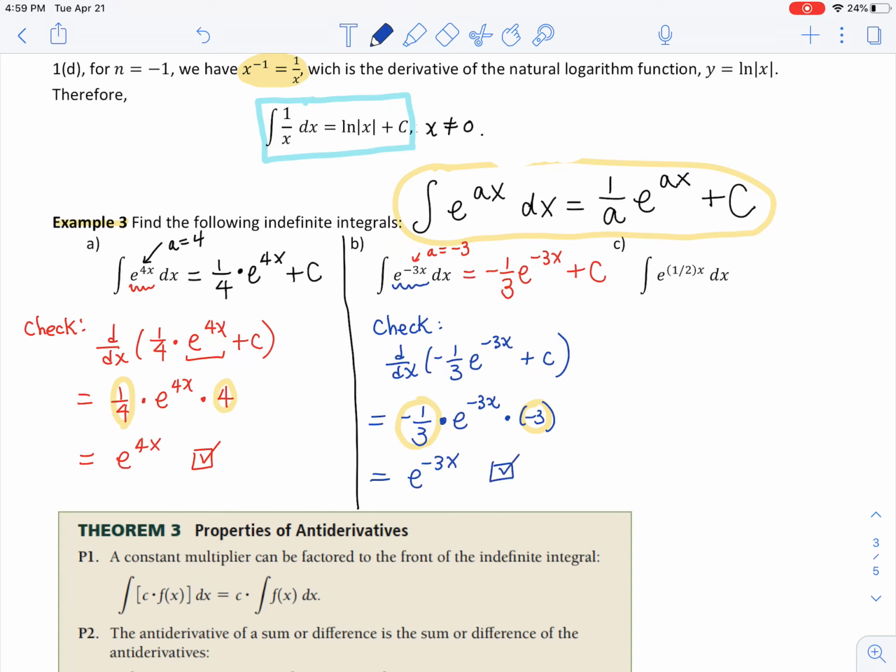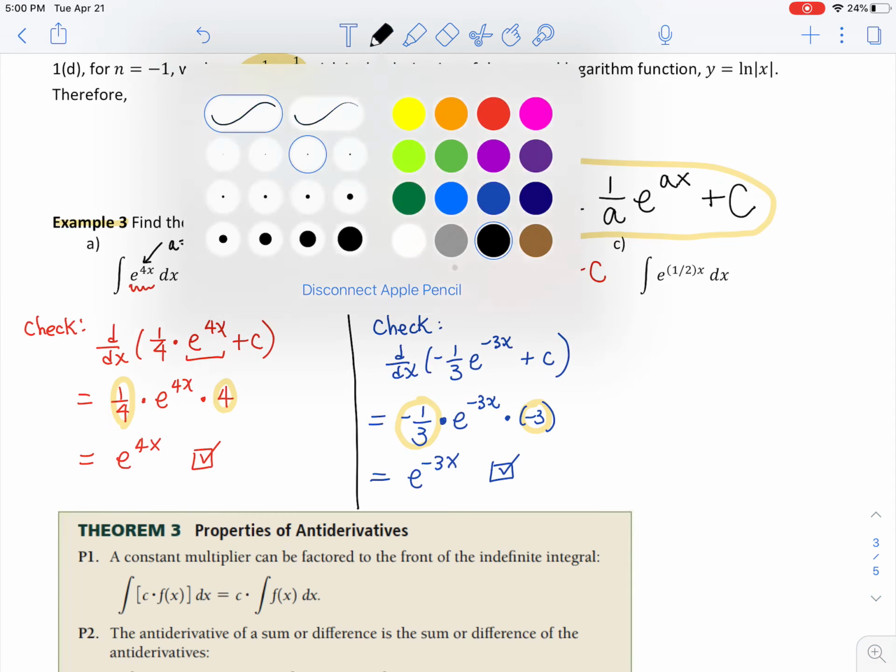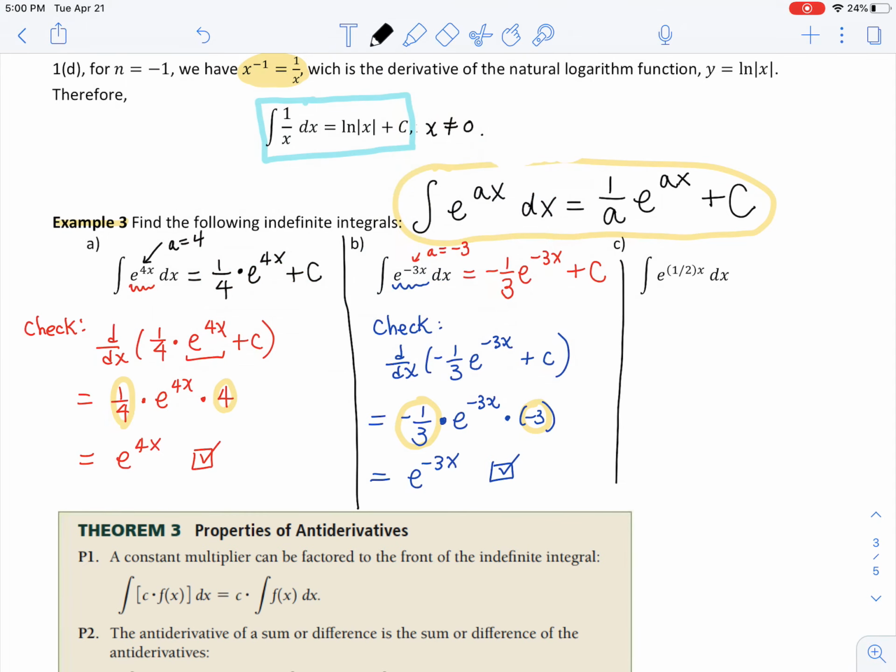I don't have to write it, but as you can notice, -1/3 and -3 will multiply and give you 1. So I'm just left with e to the -3x, and this is exactly the same thing as the original integrand. Therefore, yes, it checked. So this rule is working just fine for us now.